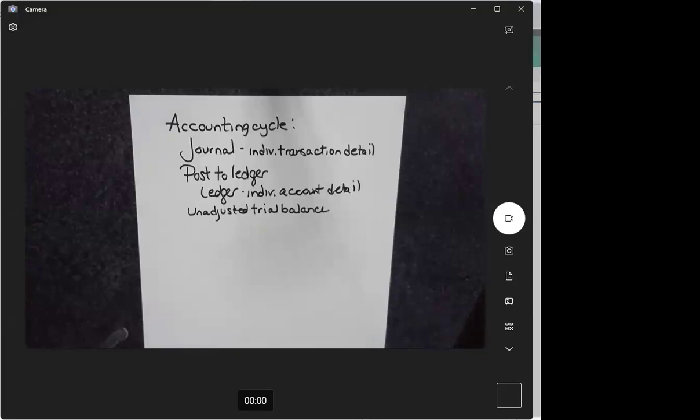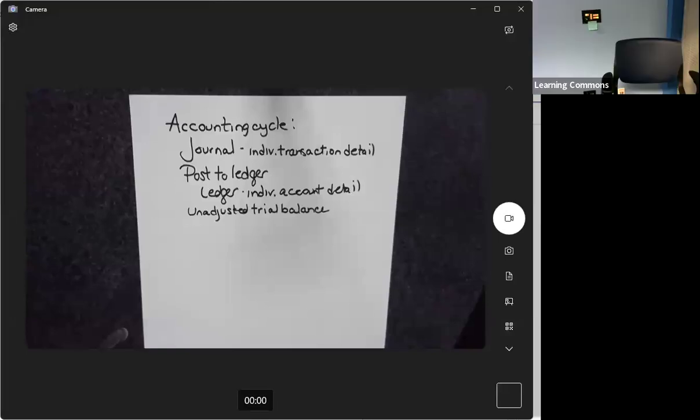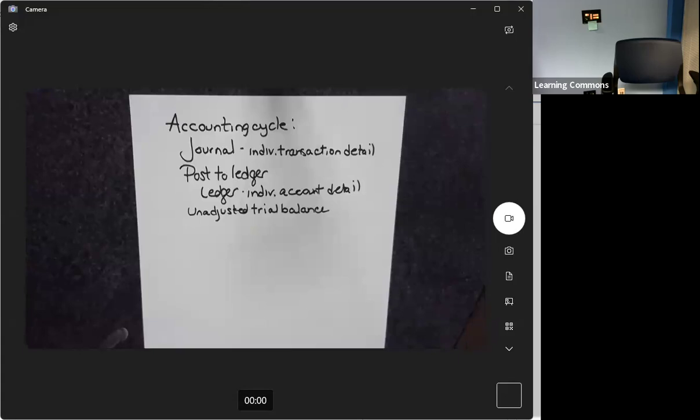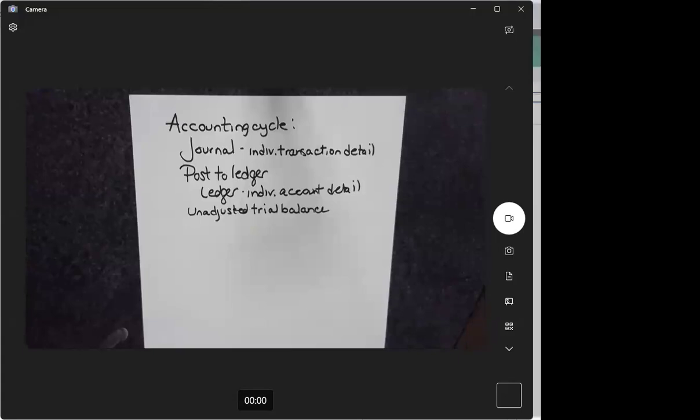Liability, equity, and revenue accounts will all have credit balances on any trial balance, because liability, equity, and revenue accounts all increase with credits. So you want to know which accounts increase with debits, which accounts increase with credits.